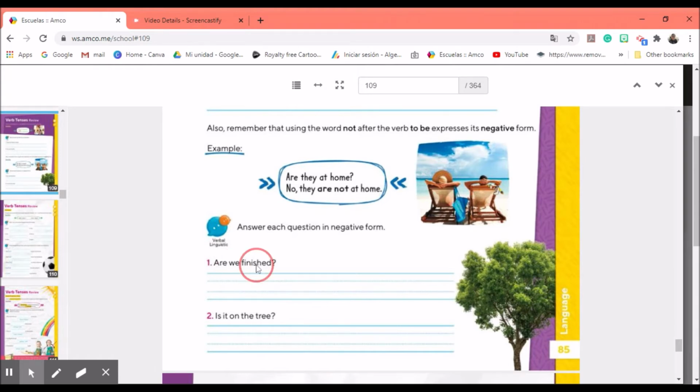Are we finished? Remember that to make that a sentence, we have to identify the pronoun, write it first, then the verb to be, and write it second, and then add the not.